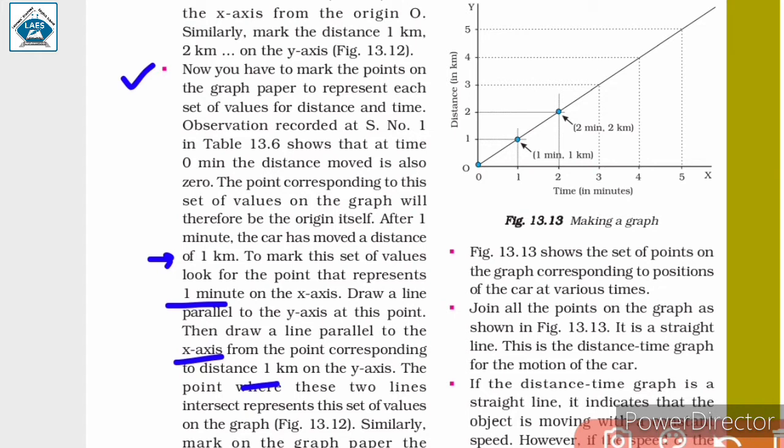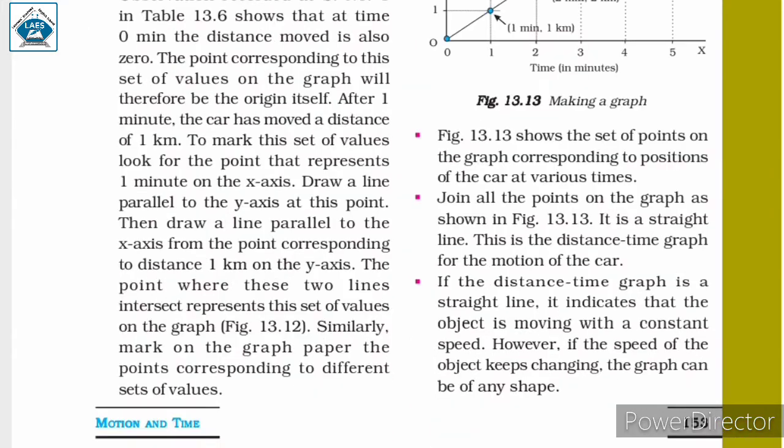The point where these two lines intersect represents this set of values on the graph, figure 13.12. Similarly, mark on the graph paper the points corresponding to different sets of values.